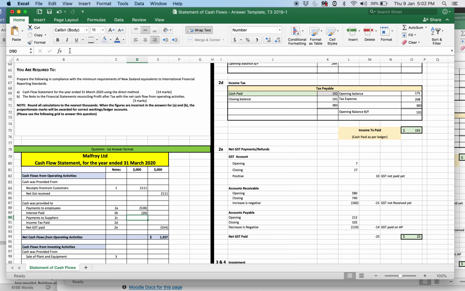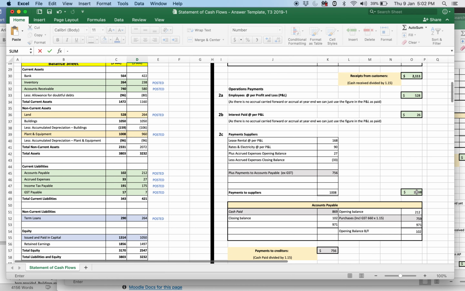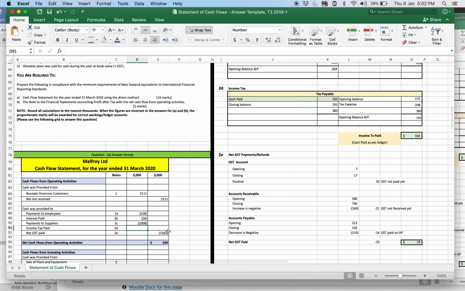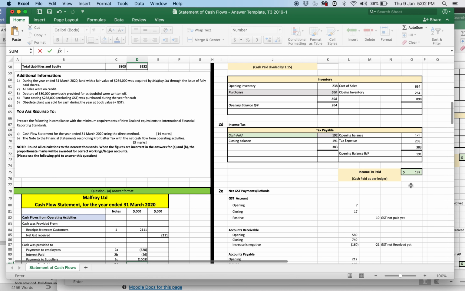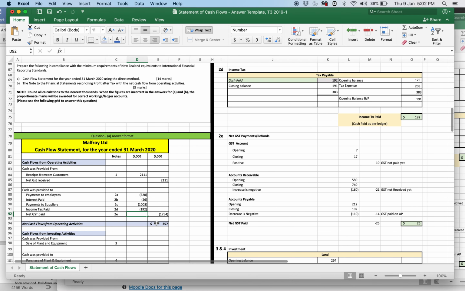We also paid our suppliers, which is 2C. You can see that setting up a worksheet with references certainly helps. Then we've made payments for income tax, which is 2D. Then payments for the change in GST, which is at 25. I went round in circles on that one for a little while there.